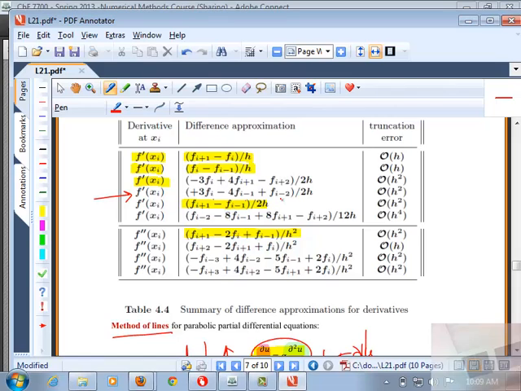But you should keep in mind that if you are restricted to a certain approximation in space, delta x squared, and delta x is 0.05, there's no point in beating around the bush by saying that I'm going to use a very high order. Matching the order is very important. Matching not only the order, but also the order of delta t and delta x, so that the truncation errors remain of the same order.